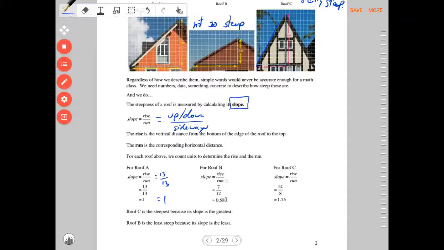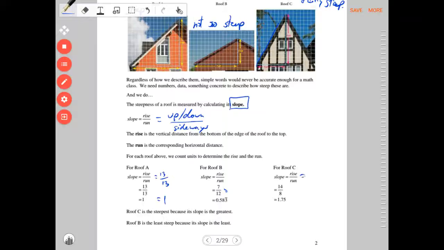Now let's look at roof B. We described that as not so steep. The rise here is 7, the run is 12. That makes a decimal 0.583 repeating, so about 0.58. Well, that is less than 1, so we can tell that this slope is less than the first roof.